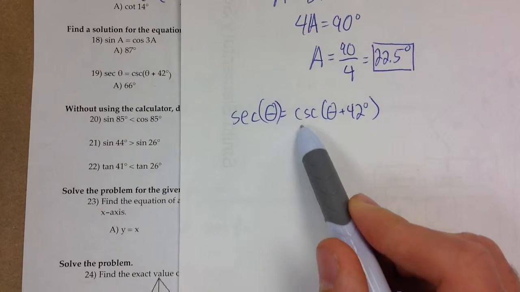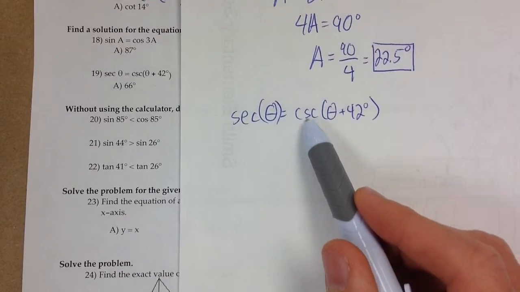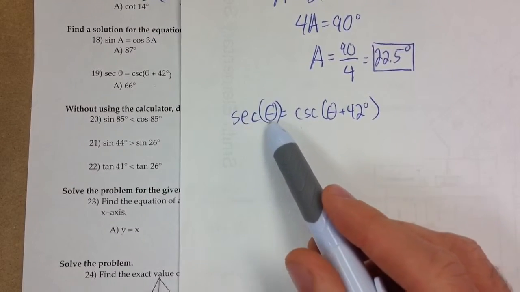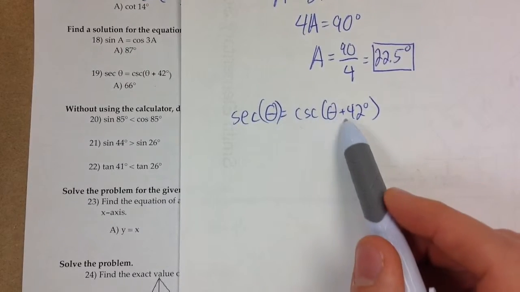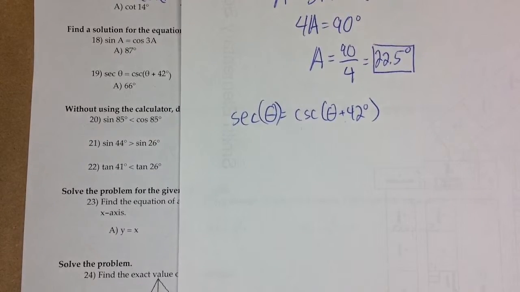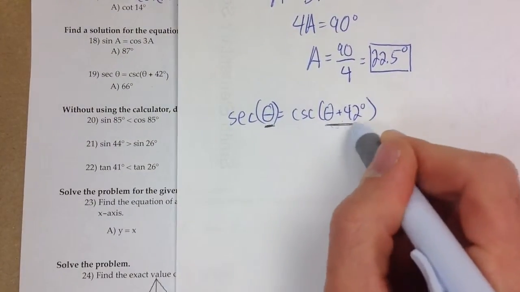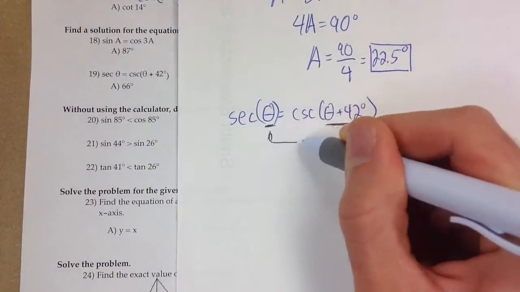So, cosecant is secant's cofunction, which means that cosecant will be equivalent to secant when the corresponding angles are complementary. Well, let's do it algebraically. Yeah, this angle here and this angle here are complementary.